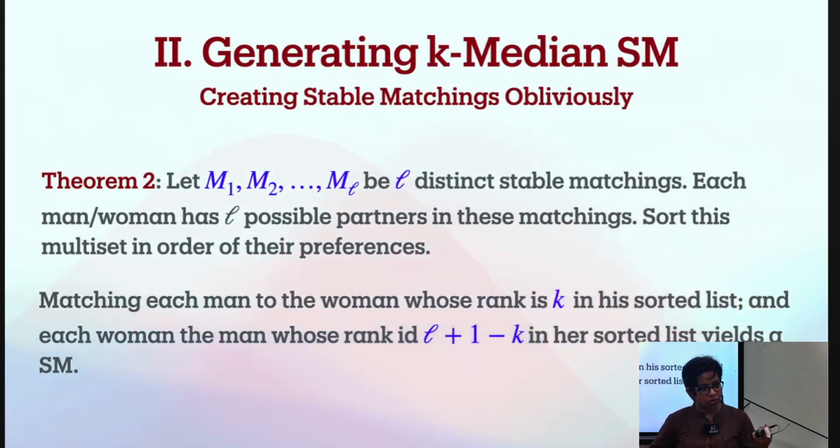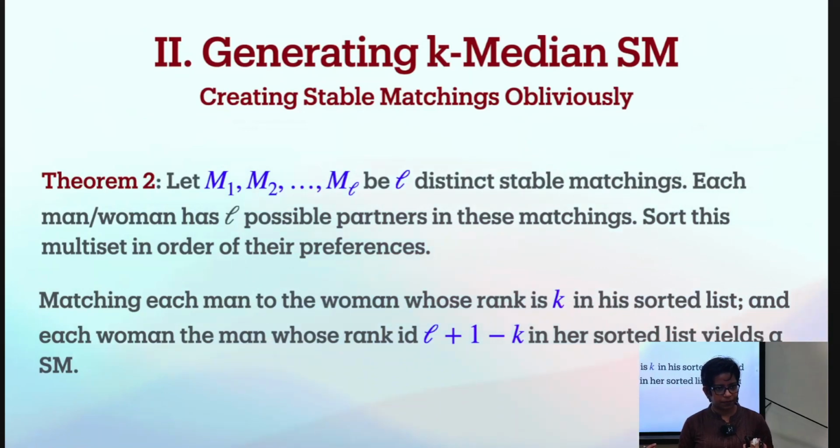Either way you sort the multi-set, and then to each man you assign the kth person from this sorted list, and to each woman you assign the L minus K plus first partner from her sorted list. It turns out this assignment that you have created is not only a matching, it is also a stable matching.